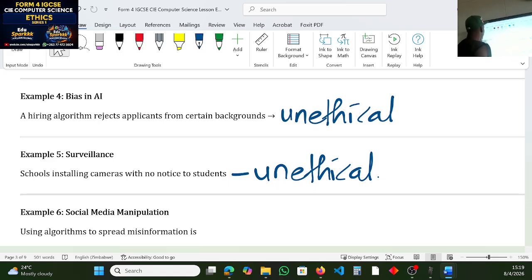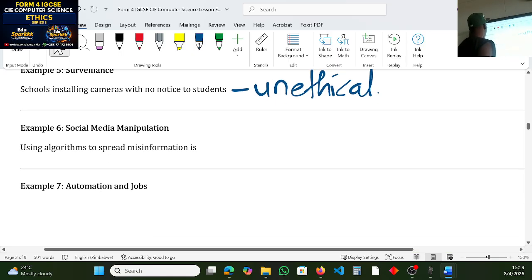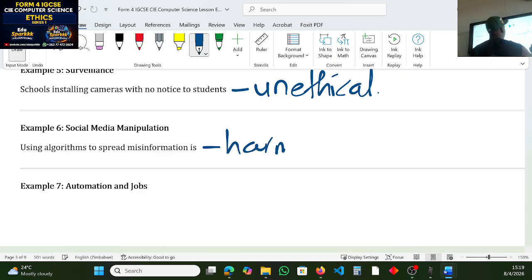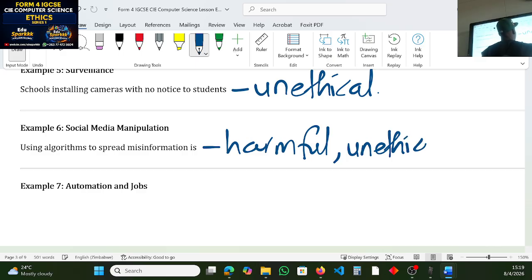Social media manipulation. We have algorithms that spread misinformation. So this is actually harmful and unethical. Why? Because it may lead to some people making wrong decisions due to dissatisfaction of things that happen to them. Automation and jobs.